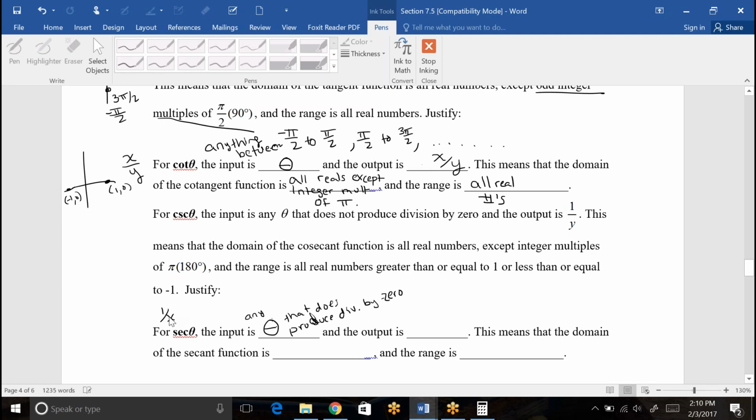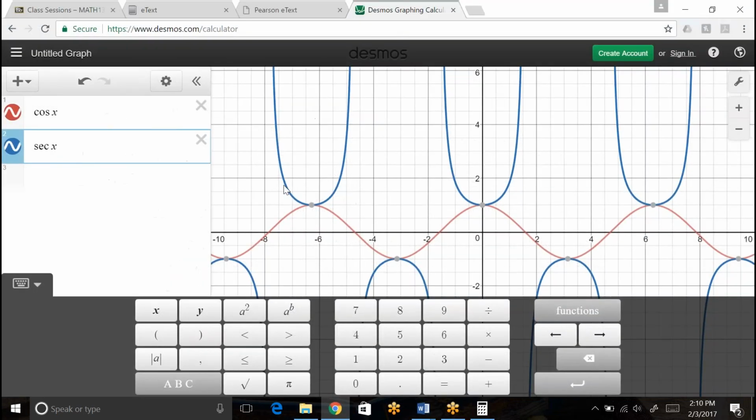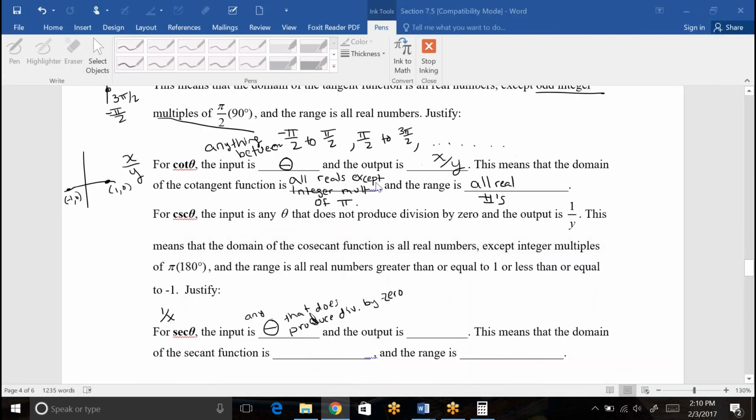So anytime x could possibly be 0, which would be at 90 degrees and at 270 degrees, that's when you're going to get trouble there, and you'll have a blank where that's, if you look back at the graph, notice that we have places where we don't have any graph that is blue. Those are kind of empty spaces, so that's why it's not continuous.